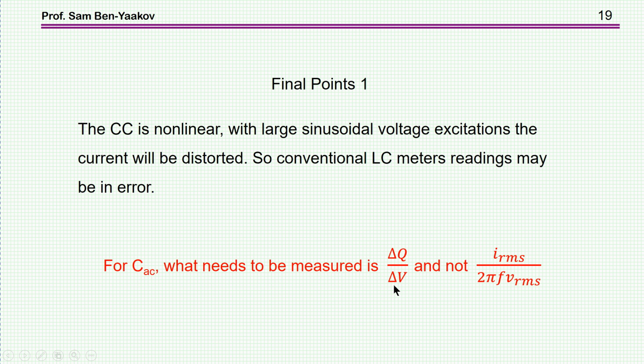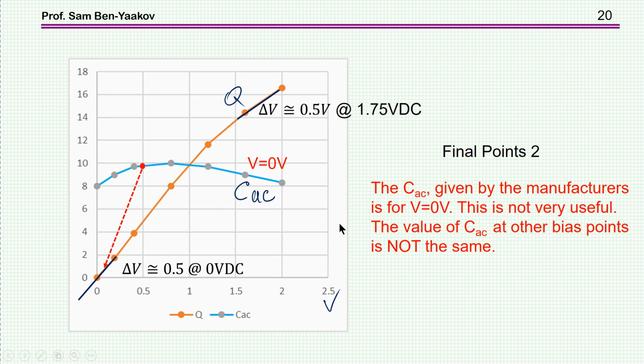So what is really needed to be measured is delta Q over delta V for the large signal. So this is important to understand. The other point is that the large signal capacitance is given by the manufacturer for 0 DC bias, that is around this point. And what is done is that around this point, the amplitude is becoming larger and larger, and this is how you got this curve.